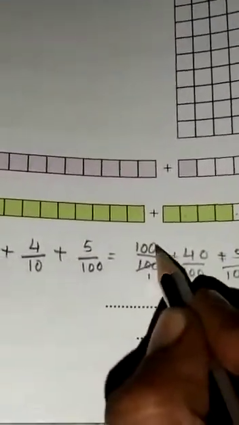Next one is 5 divided by 100. These cancel like this: 100 ones are 1.